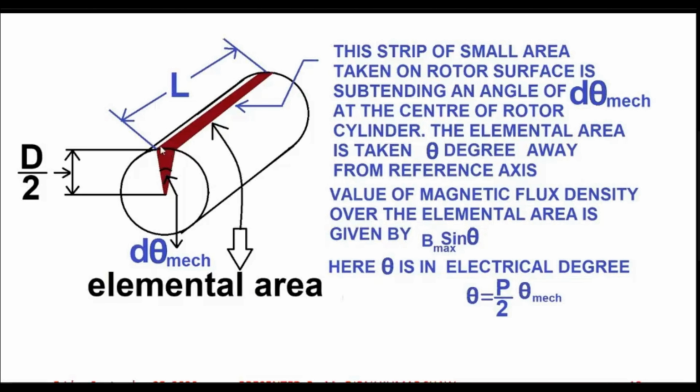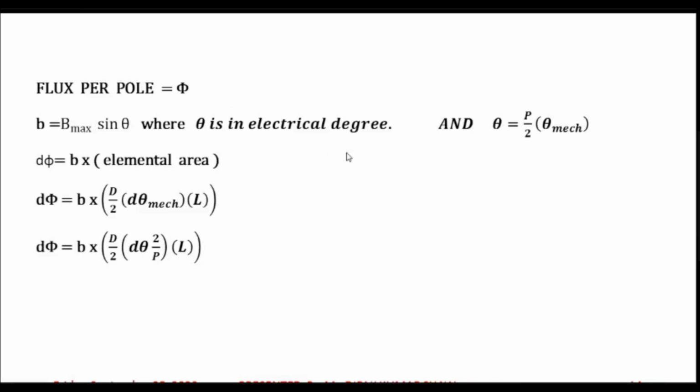This arc will have length r into theta, that means d by 2 into d theta mechanical. So what is the area of this strip? The area of this strip is given by d by 2 into d theta mechanical into L, where L is the length.